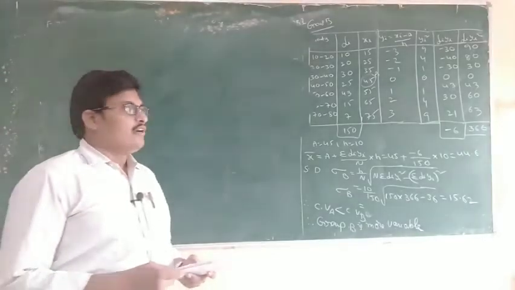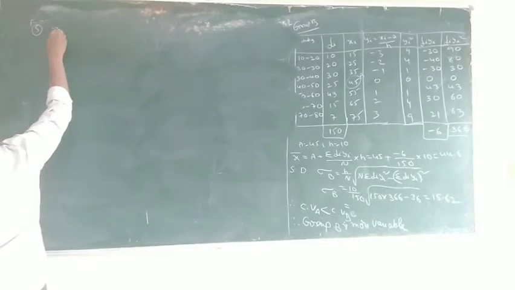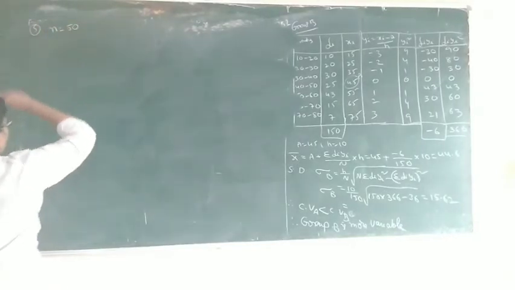What is the fifth problem? The sum and sum of squares corresponding to the length x and weight y of 50 plant products are given below. 50 plants means n is equal to 50.